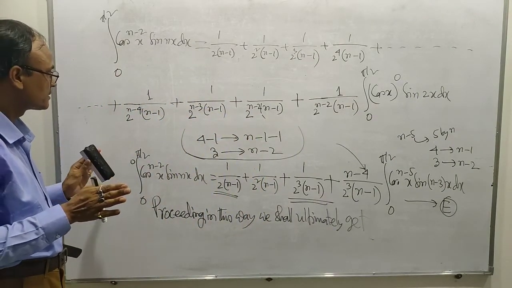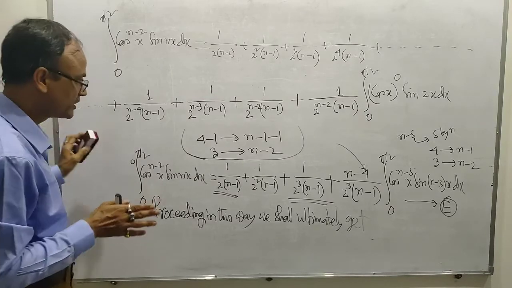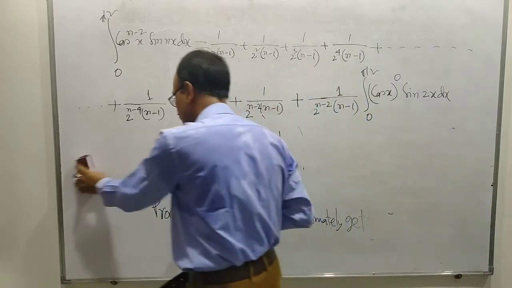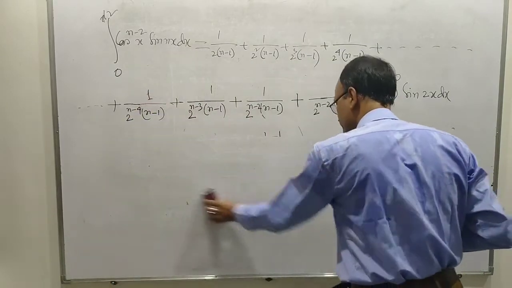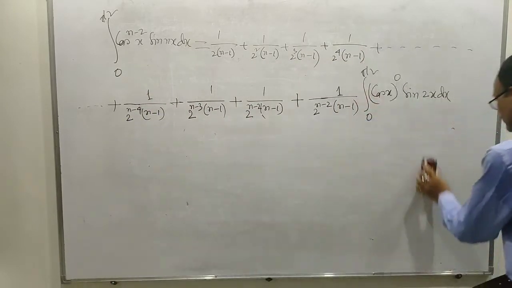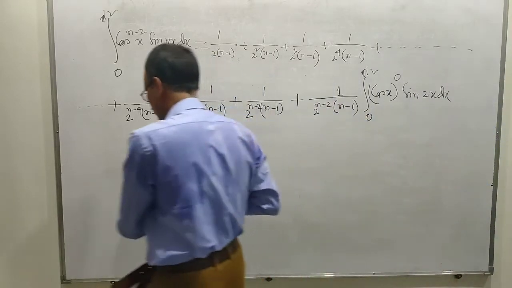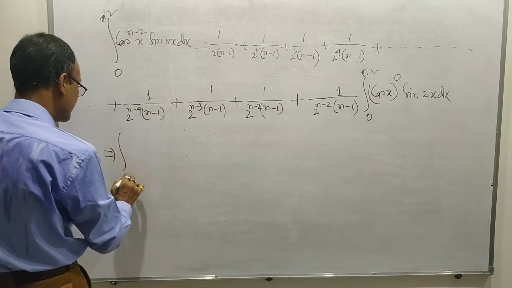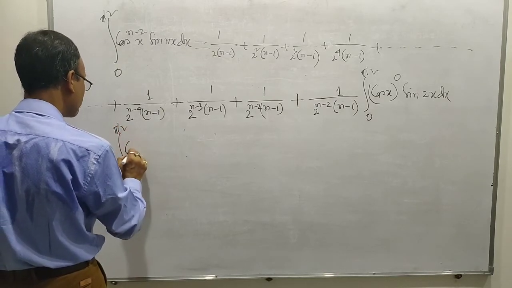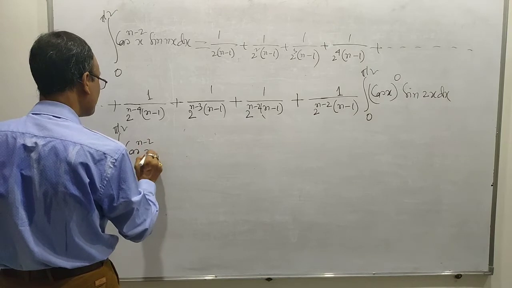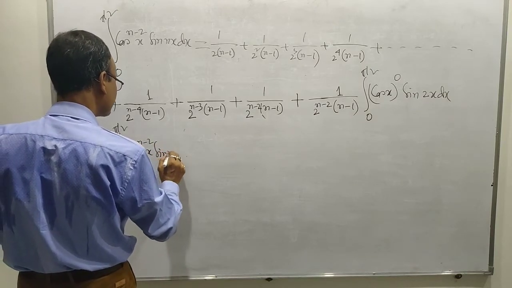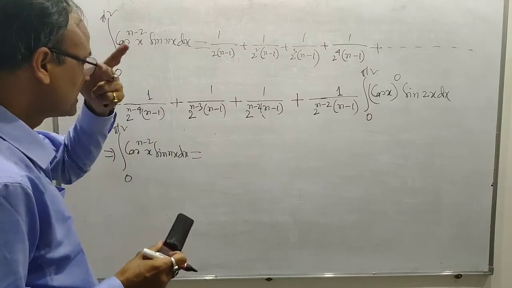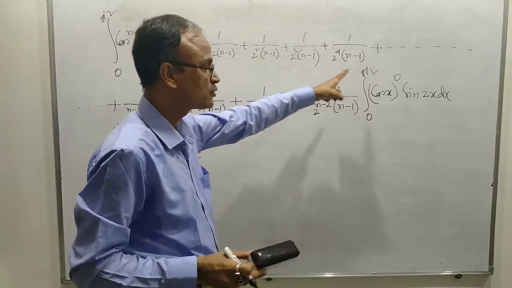Just write it and think very carefully. This means the integration from 0 to pi by 2 of cos to the power n minus 2 x sin nx dx will be equal to 1 by n minus 1, which is common.